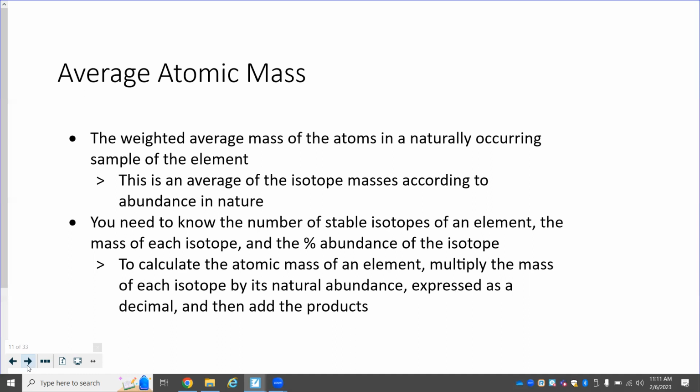So every element has at least 2 isotopes. Some of them might have up to 5. We typically don't deal with those very often. But to calculate the atomic mass of an element, we're going to take the mass of an isotope and multiply that by its percent abundance.